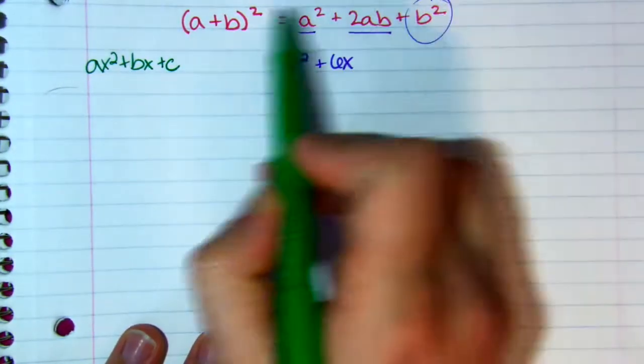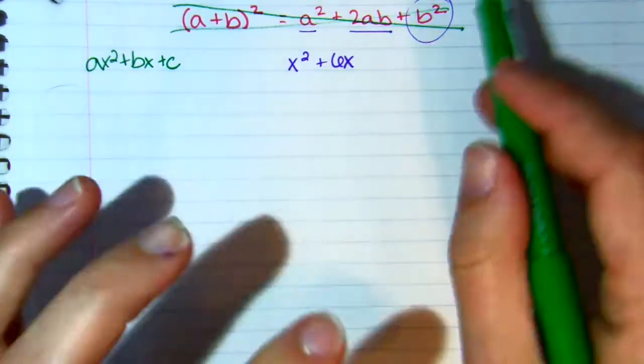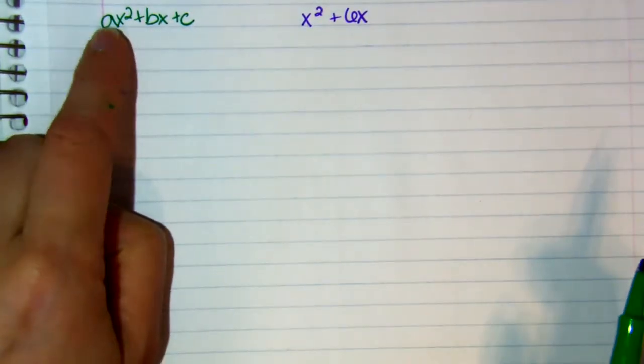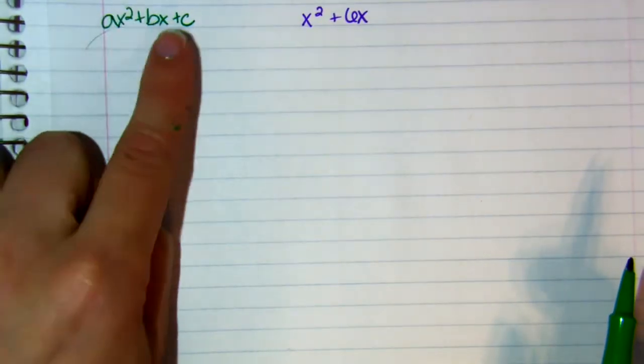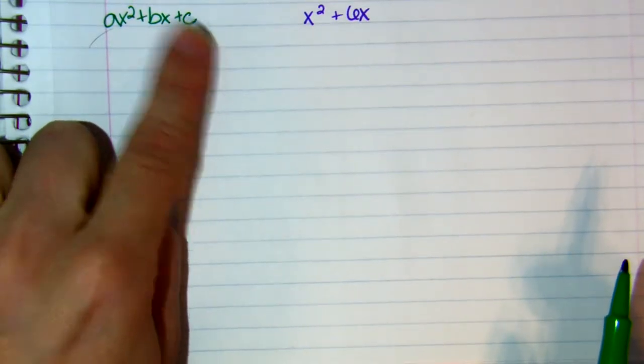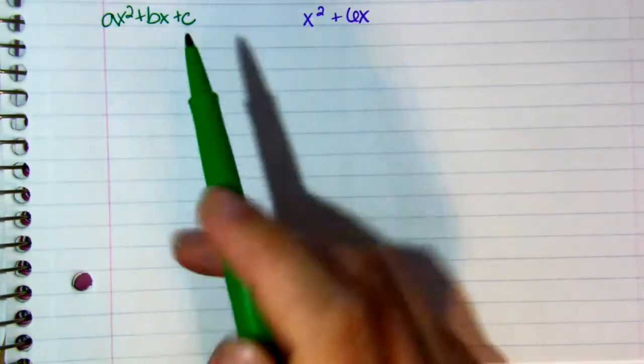This was just to show you what we're doing today. Now put that a and b designation out of your head. When you see a and b, a is the coefficient of the quadratic term, b is the coefficient of the linear term, and c is your constant at the end in our standard form for a quadratic. So keep this in your head.